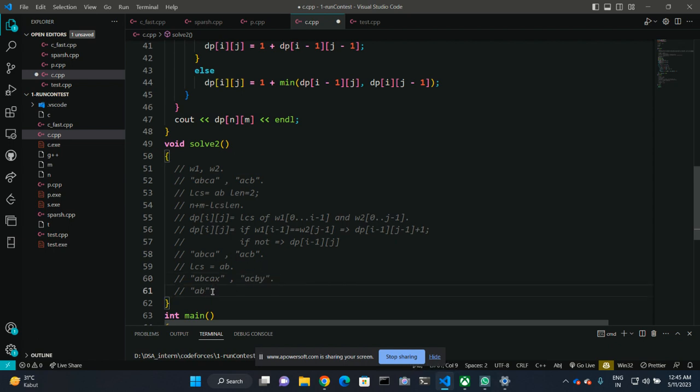So X addition is important. Can I add Y? Nope. It's not needed, not added. So the previous value is preserved, maybe this LCS of the first I minus 1 characters of W1 or the first J characters of W2.